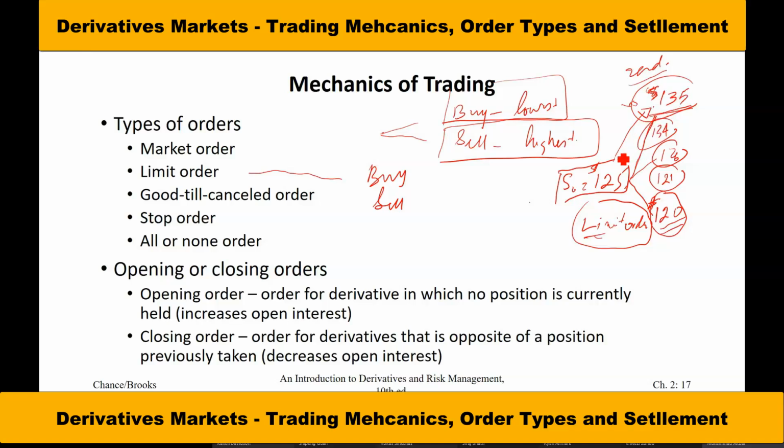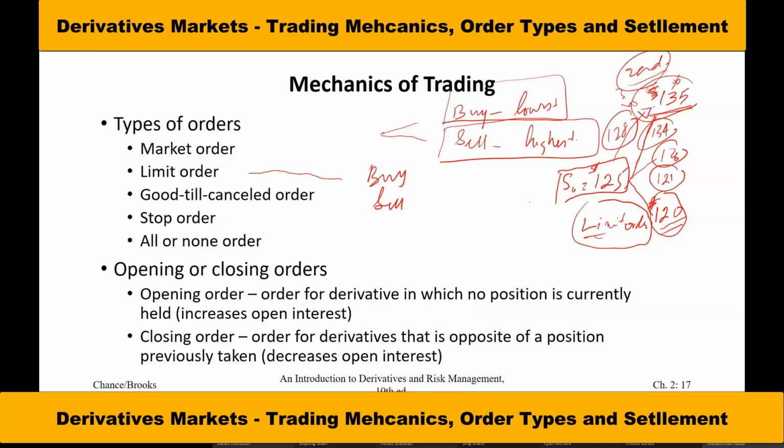So let's suppose today the market closed at 128. The order has not been filled, but it will still remain there because it is good till cancelled. After 3 days, let's suppose the market price is 135 and the order is executed. So it will wait till the price hits the level that I have specified in my order.